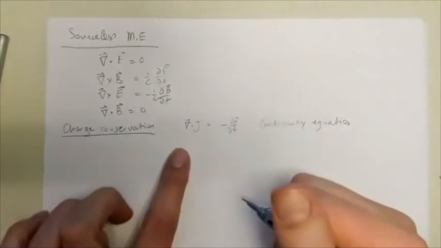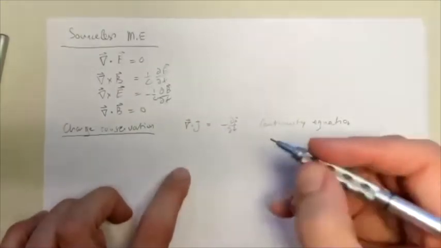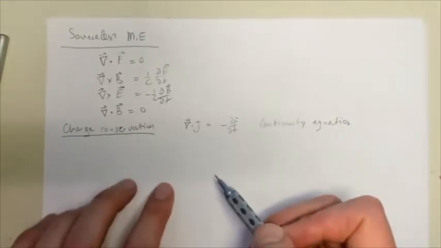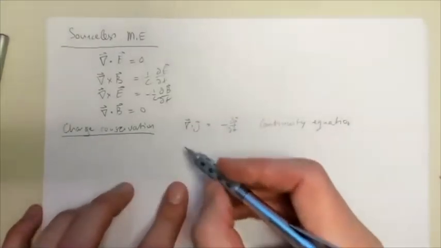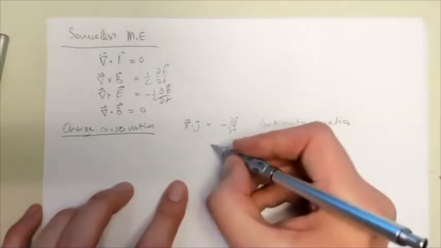It's easiest to see that this expression describes charge conservation by converting these two into their not differential form, but integral form. So we'll take the volume integral of this thing.